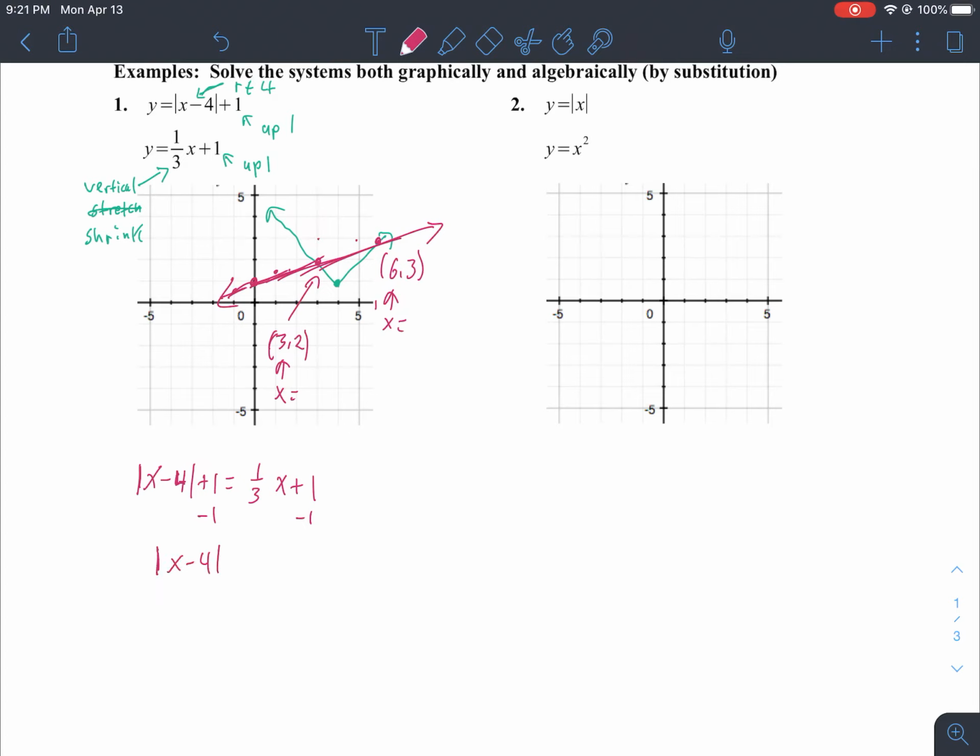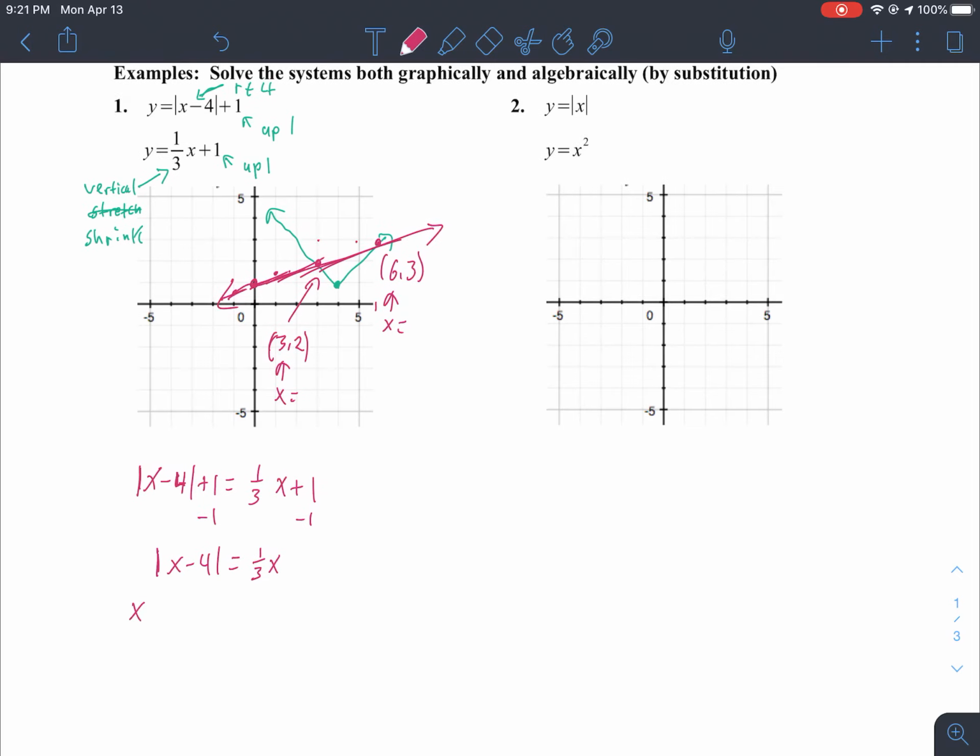Then you get the absolute value of x minus 4 equals 1/3 x. Now the absolute value is by itself, we're ready to go. So x minus 4 equals 1/3 x, that's the positive case. And the negative case is x minus 4 equals negative 1/3 x.